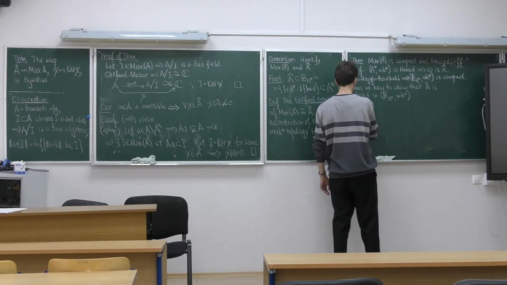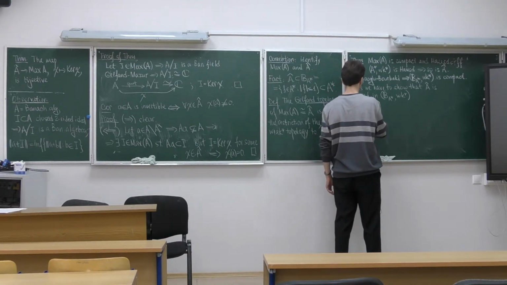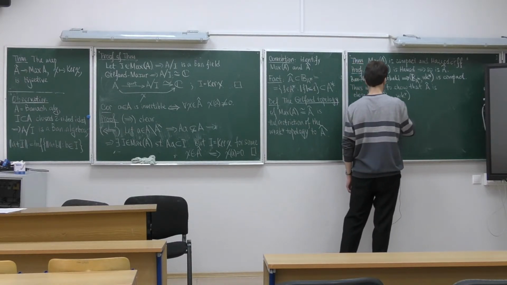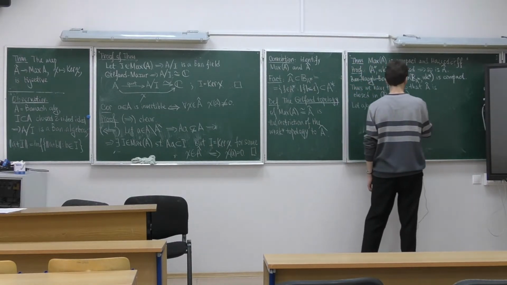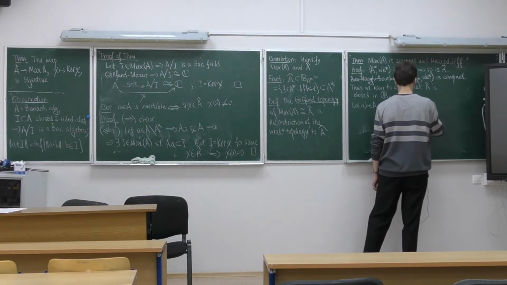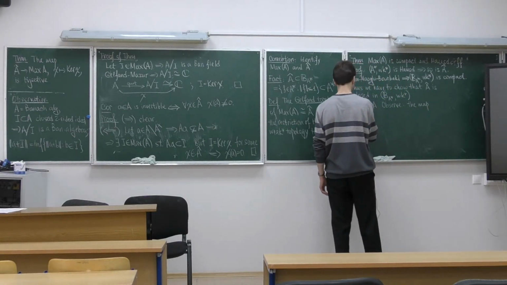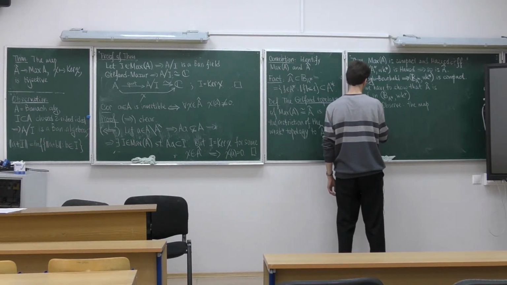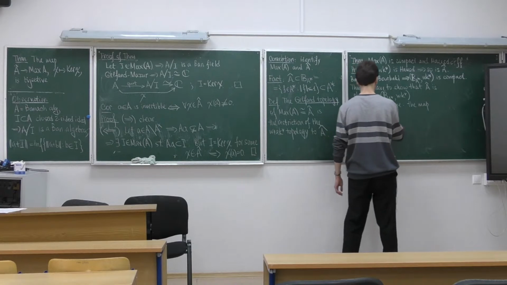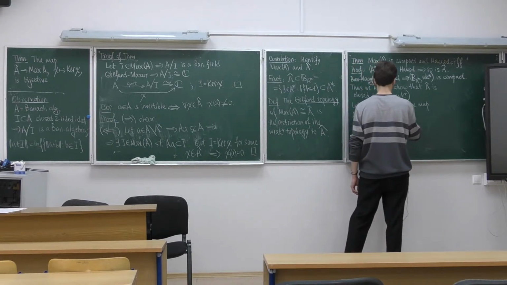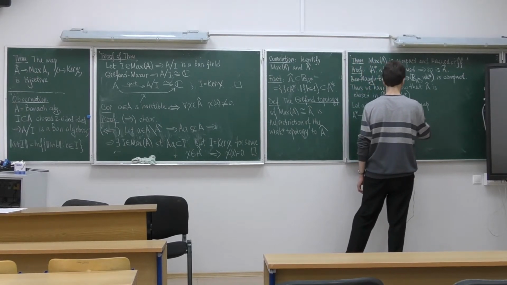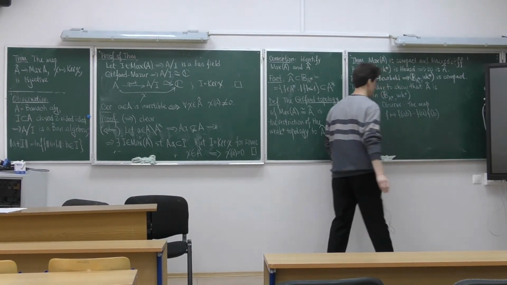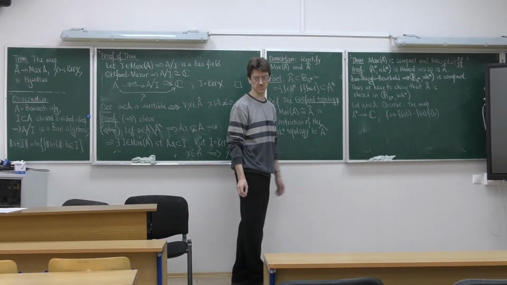So we take any two elements, little a and little b, in our algebra, and let's observe that the following map, the map from A star to the complex numbers, which takes f to f of ab minus f of a times f of b, this map is continuous.